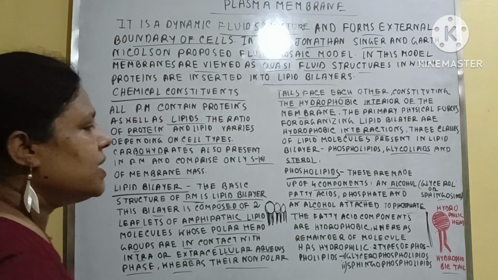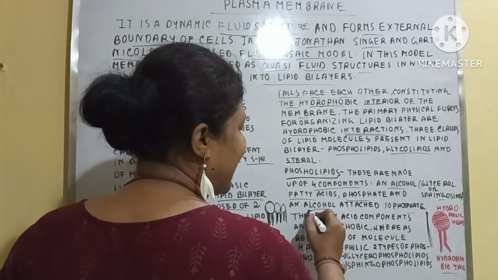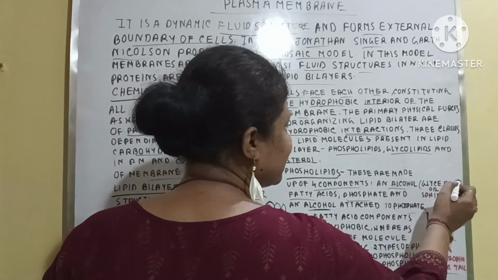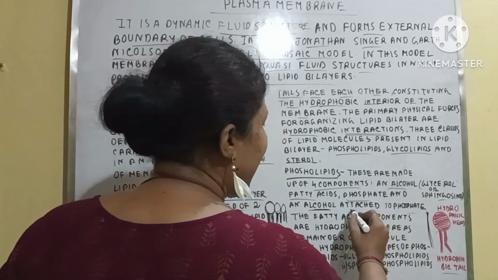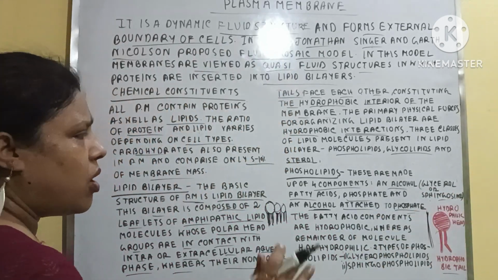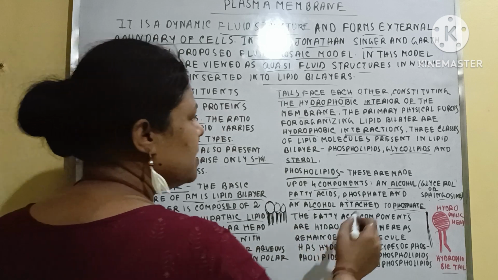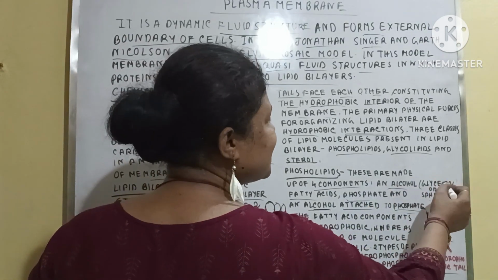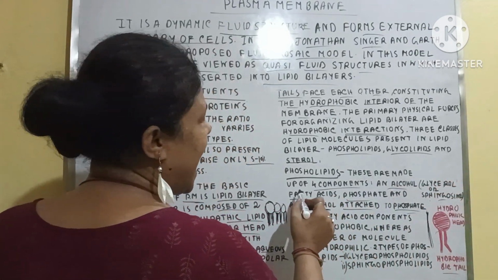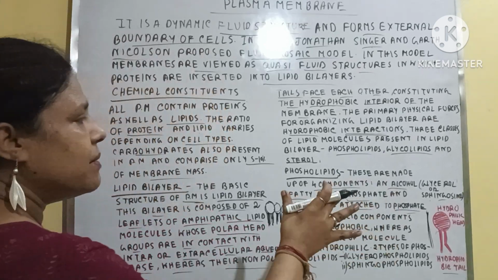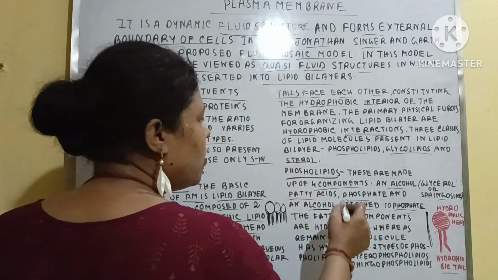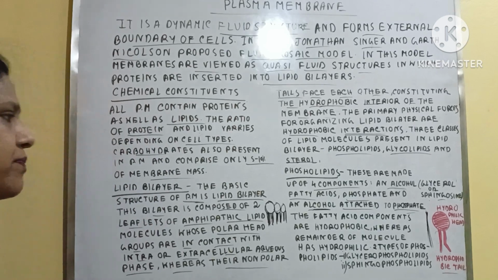The alcohol, which may be glycerol or sphingosine, attaches to the phosphate. These are the main components, along with the fatty acids.